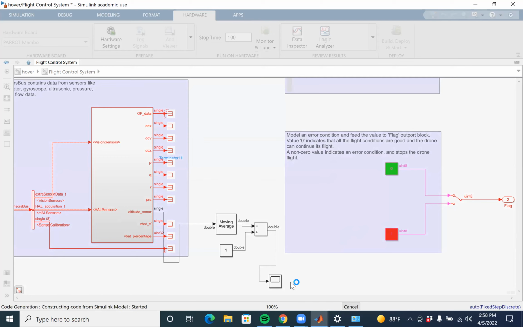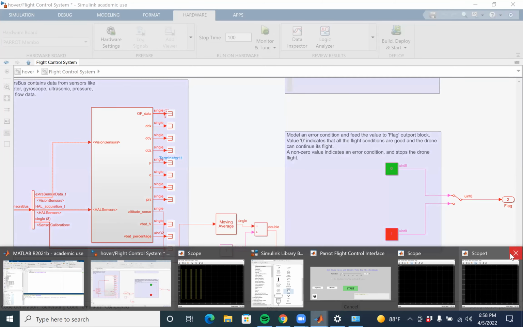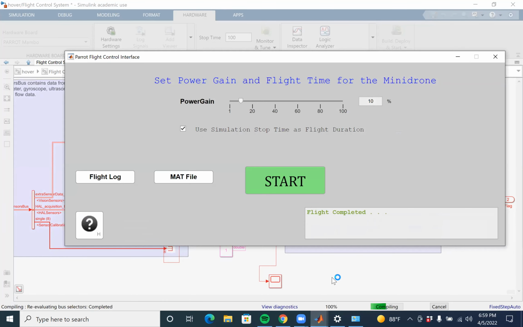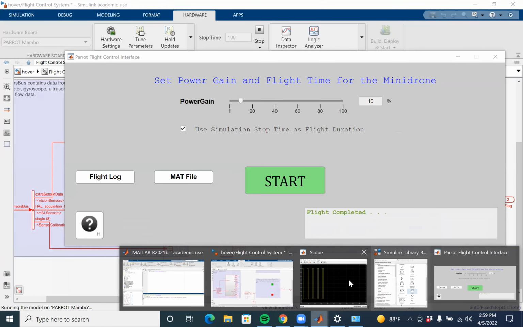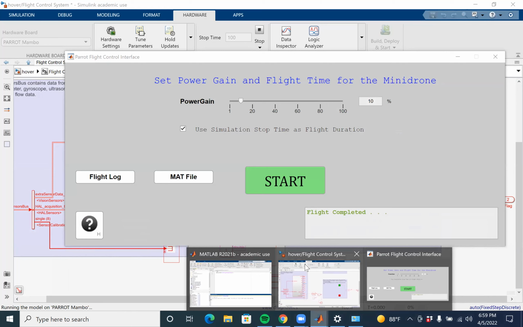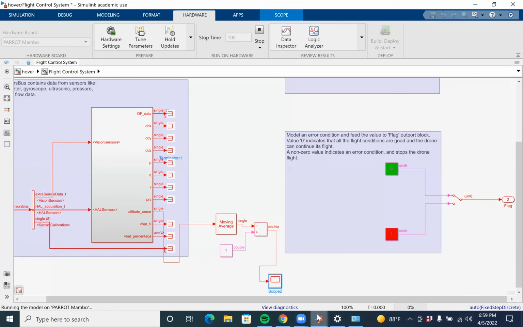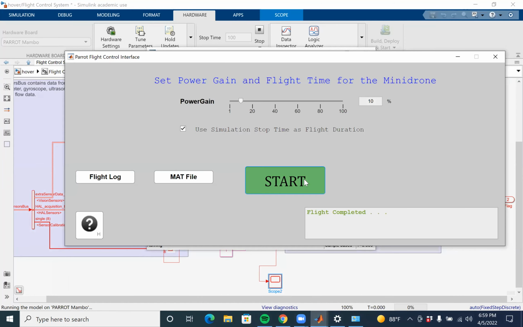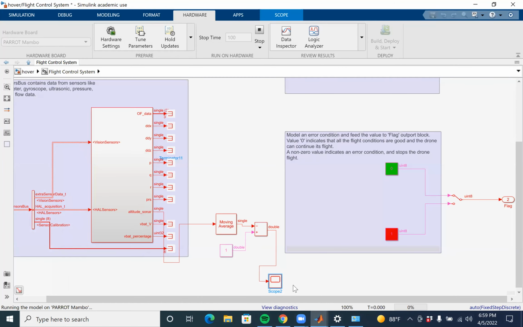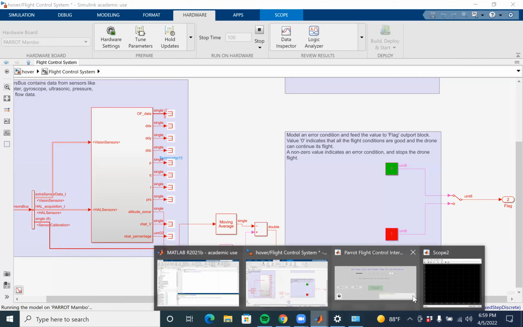And see what happens. Then go start. Double click. See what happens now.